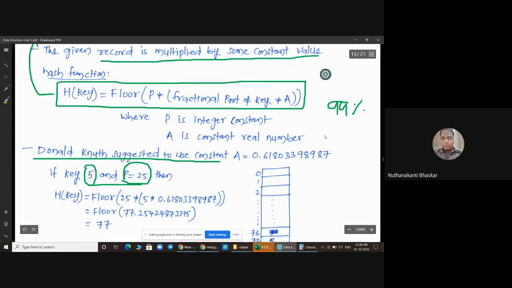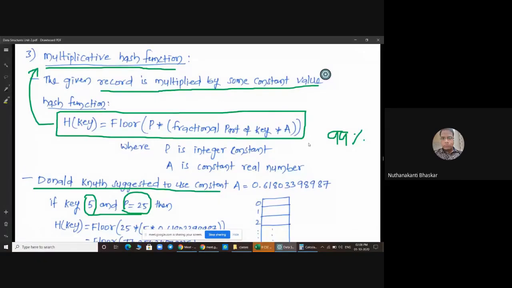You know what a collision is, correct? It means when we want to insert one number, but the room is already allotted to another number, then we get a collision. If you want to avoid collisions, use my multiplicative hash function.